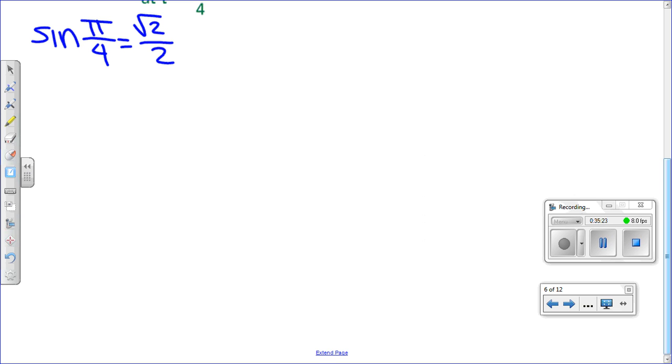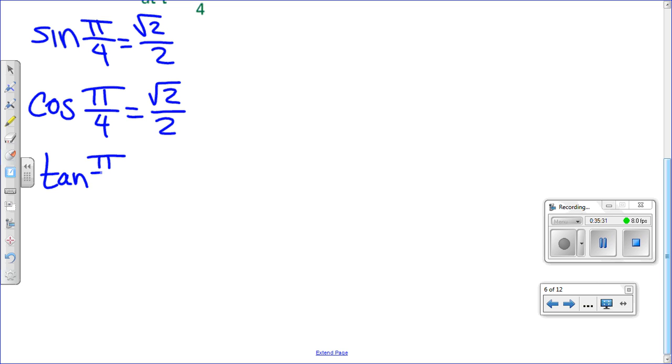So then the cosine at pi over 4 will be the same. And then the tangent, what do you get if you divide a number by itself?